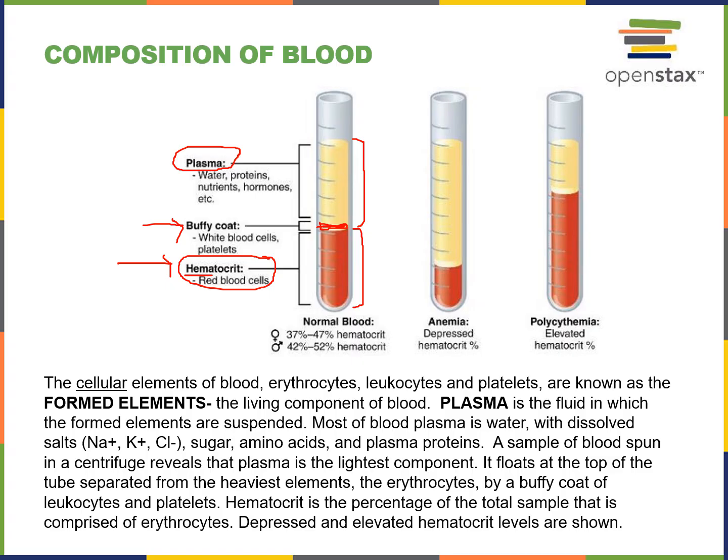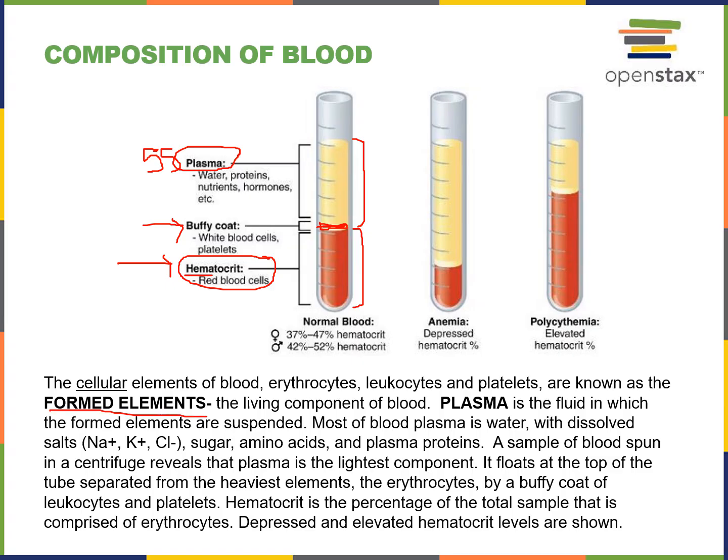So in terms of the composition of a sample of blood, this is what we have here. Roughly 55% is plasma, and the other 45% is the formed elements. So formed elements is a term to know.